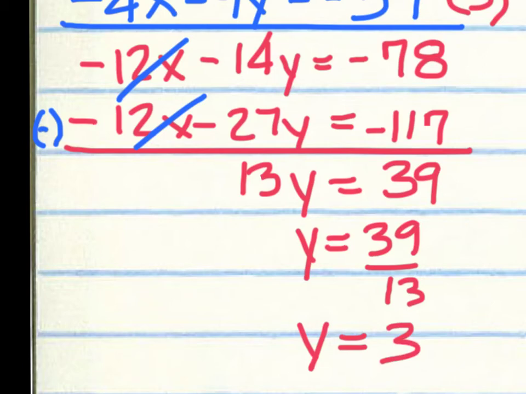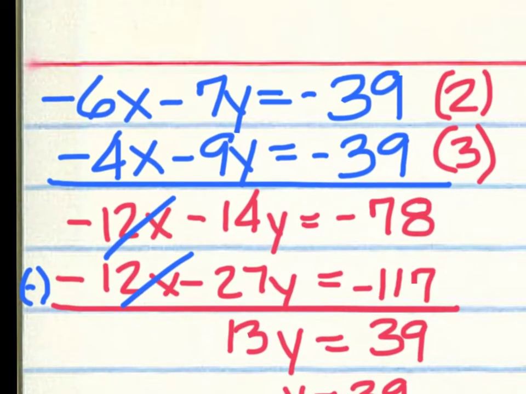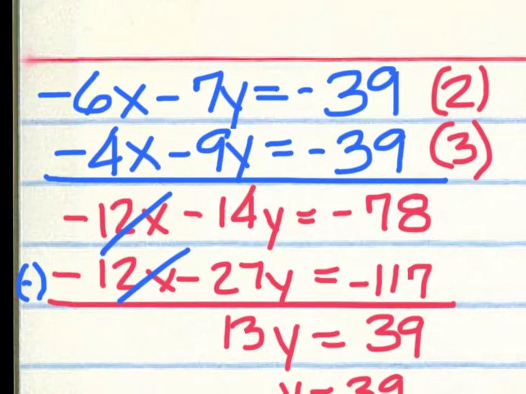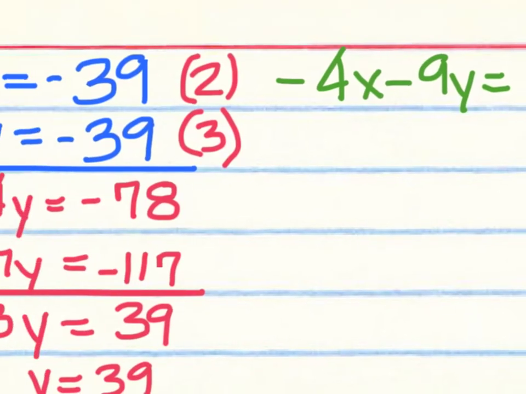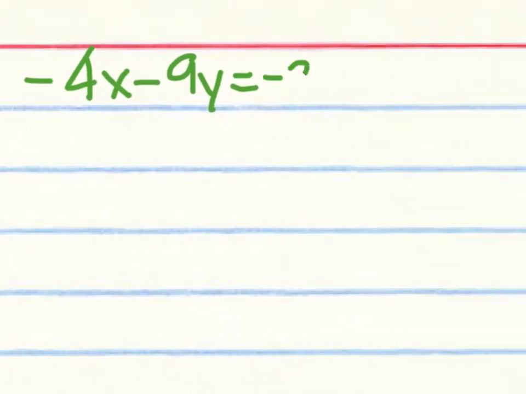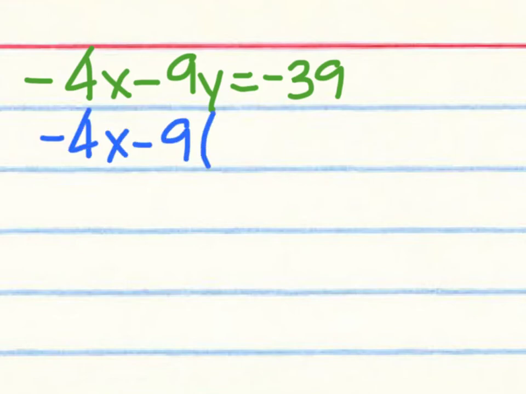Now for which equation we're going to put that in, take your pick, because they both look nasty. I'll use the bottom one. Negative 4x minus 9y equals, is that a negative 39? Yeah. Alright, and our answer was 3. So we'll go negative 4x minus 9 times 3 equals negative 39.